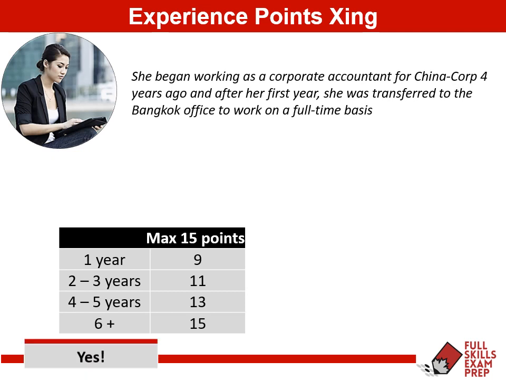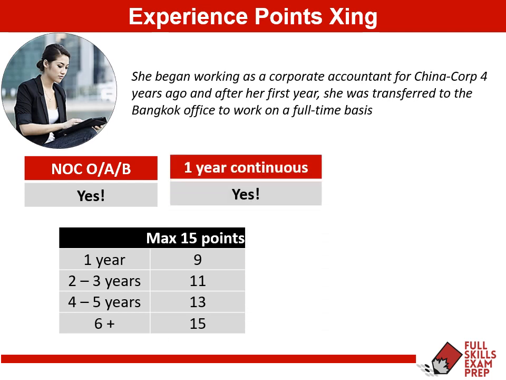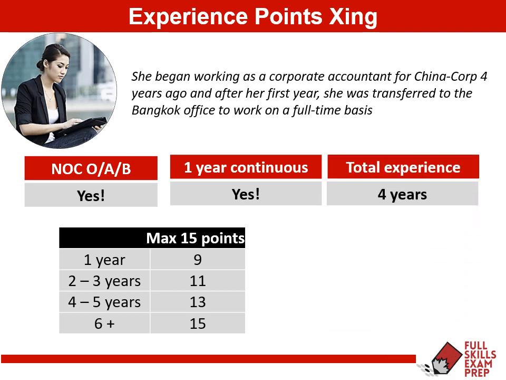And from the context and from the grammar as well, we know that she's still working there. So first of all, yes, it's a NOC OAB position, that 1 year continuous. There's no mention of anything else, so we would definitely assume that correctly. And of course we have that 4 years that is mentioned as well. So this one's pretty straightforward. This would be close to the maximum amount of points because this would be at 13.